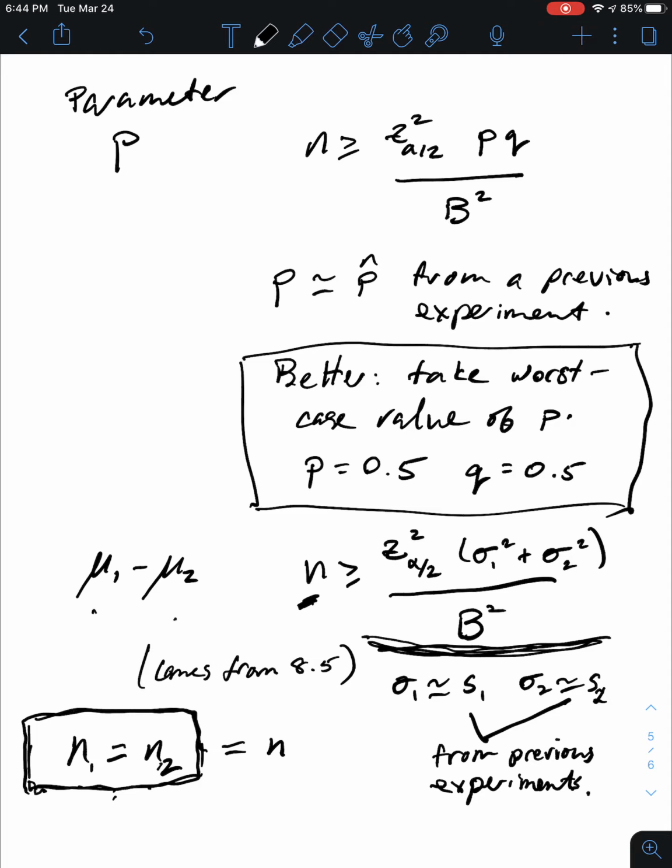Now I'm going to do one example. This is a nice example that you can see if you open the newspaper at any time.